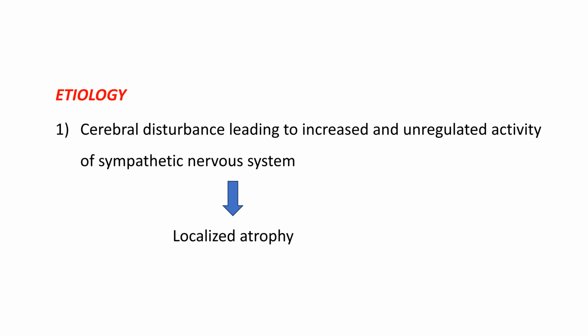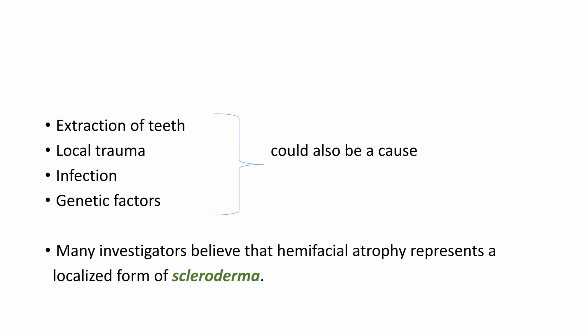So what are the etiological factors causing facial hemiatrophy? First etiological factor is cerebral disturbance leading to increased and unregulated activity of the sympathetic nervous system, which in turn produces localized atrophy. Localized atrophy means a particular area that shows a decrease in size.